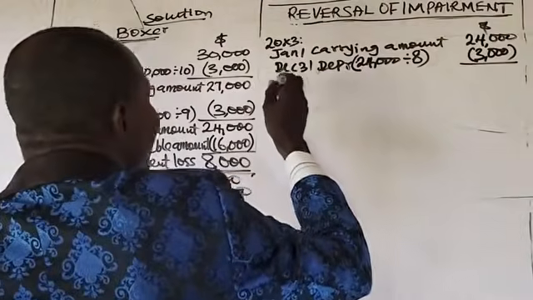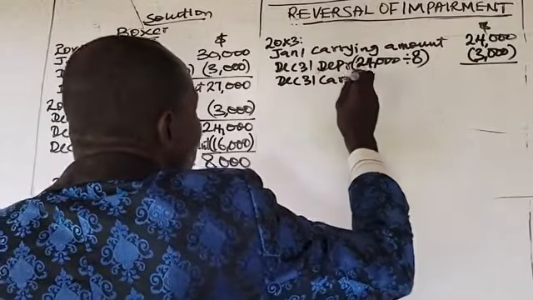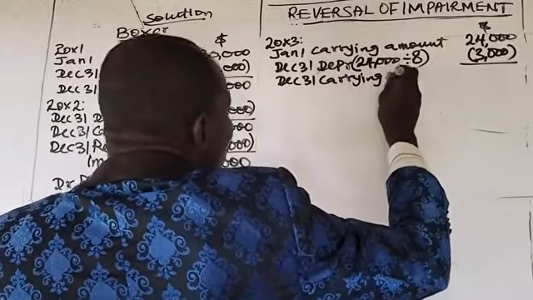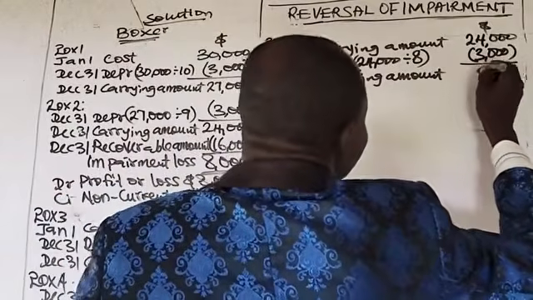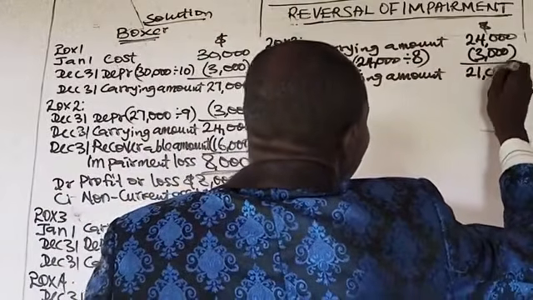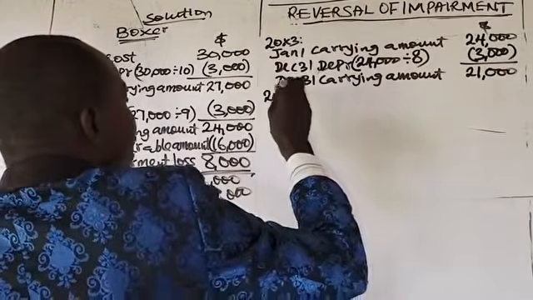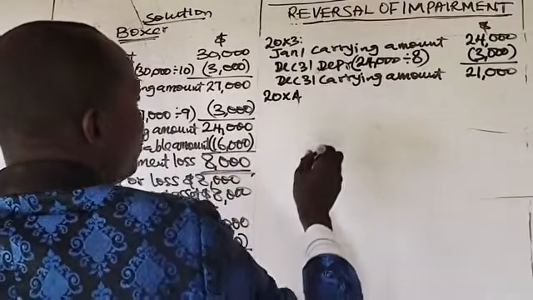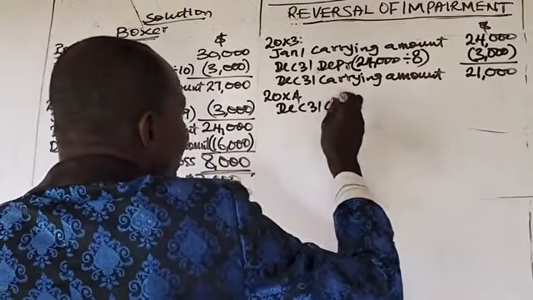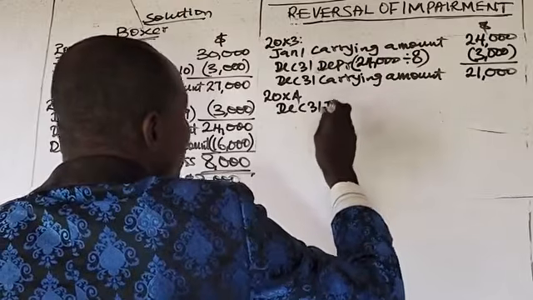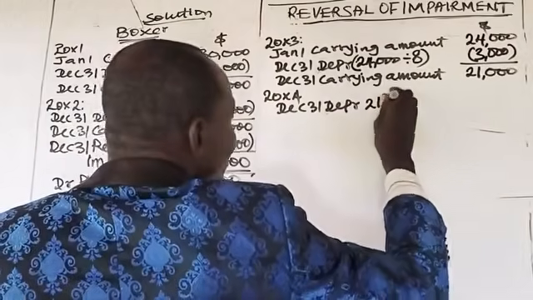Then as at December 31st, 20x3, you have the carrying amount of 24,000 minus 3,000, that will be 21,000. Then you enter another year, 20x4. As at December 20x4, you will charge another depreciation on 21,000.